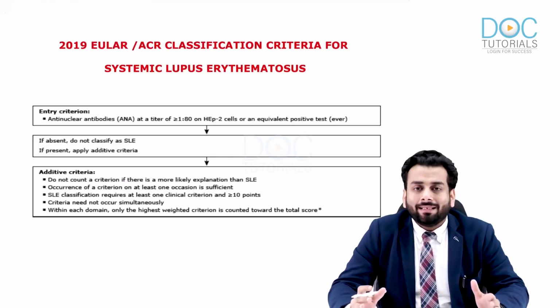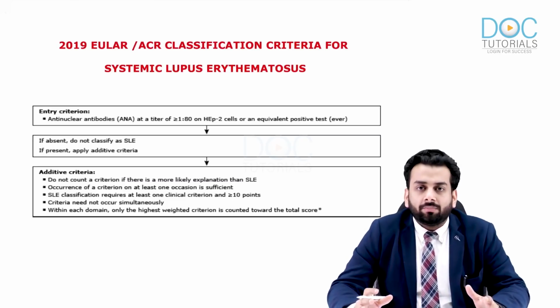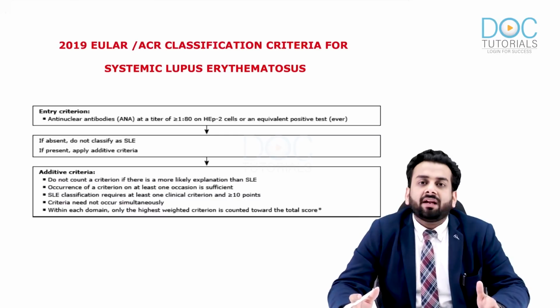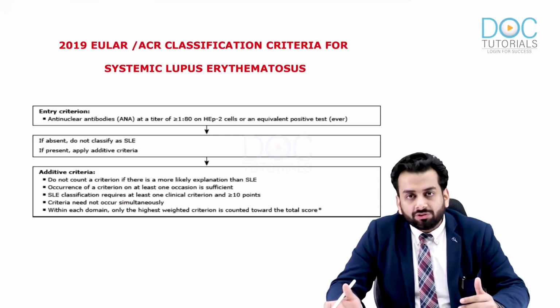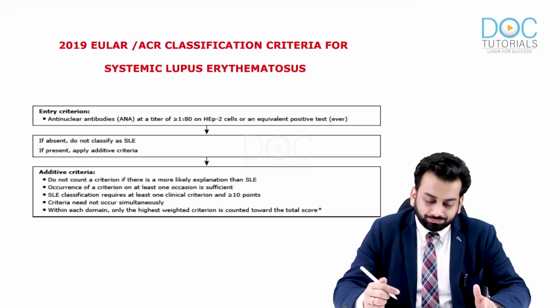There have been very many important changes that will be asked very commonly in your super specialty entrance exam, be it in your nephrology portion or your medicine portion. But it is very, very vital to know.